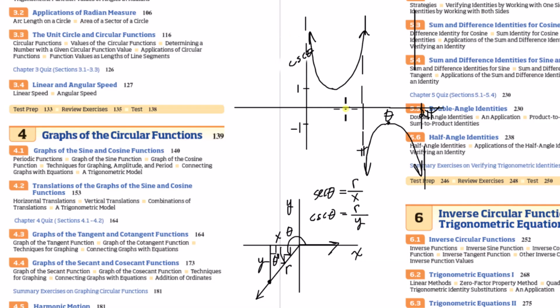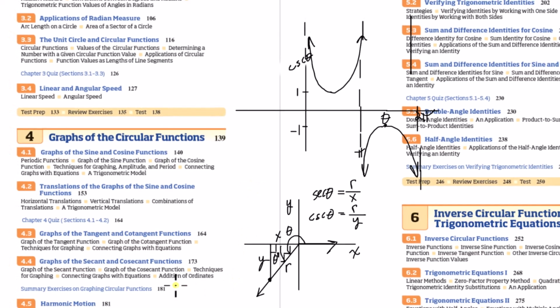Because here it's shifted to the right pi. Cosecant is shifted to the right pi over 2 relative to secant. Cotangent is shifted to the right pi over 2 relative to tangent. But since the period of secant and cosecant is 2 pi, the period of tangent and cotangent is pi.